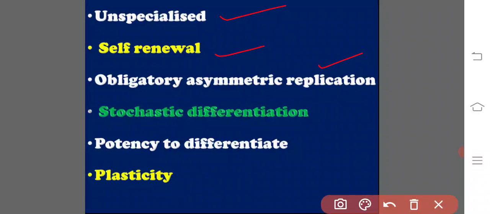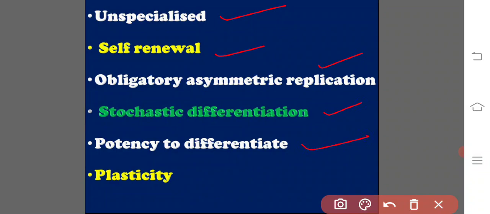And stochastic differentiation: when one stem cell develops into two differentiated daughter cells, another stem cell undergoes mitosis and produces two stem cells identical to the original. And another ability is potency to differentiate, that is, it specifies the differentiation potential of stem cells.